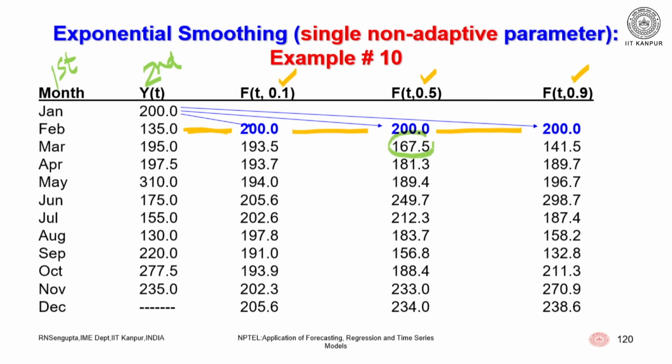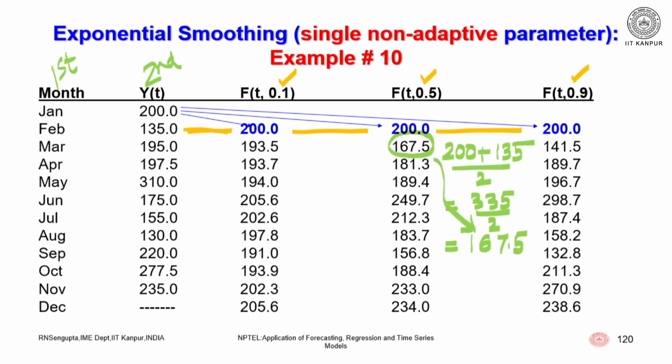It is 167, which means I am taking 50%, 200, which is f t for February, plus 135, by 2, which is 335 by 2. 2 ones are 2, 2 6 12, 167.5, which is what we have here.